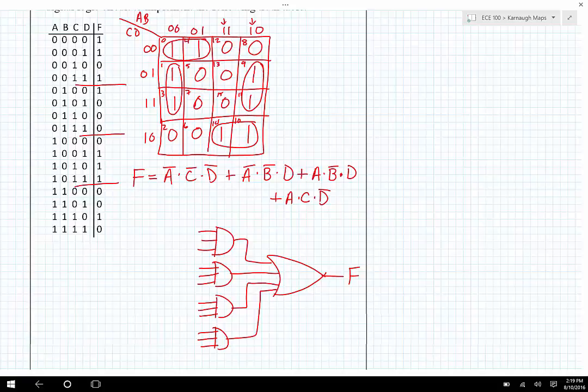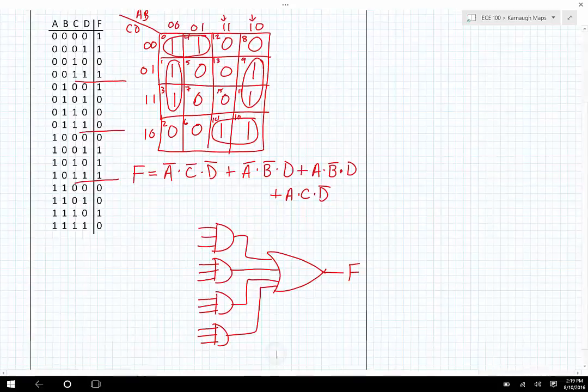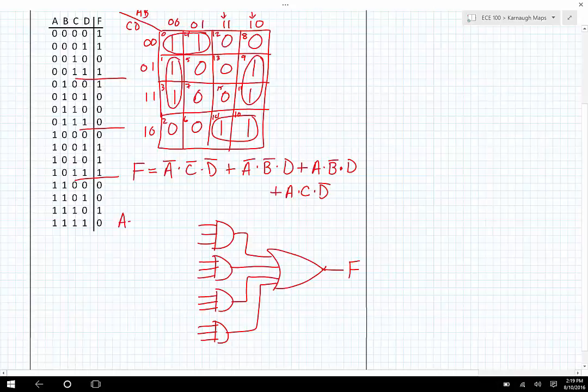I can see that I'm going to need A bar and A, so I'll have A here, and then I'll send it into an inverter to get A bar. And then I can see that I'm going to need C. Do I ever need C by itself? Yes, I do. So I'll have C bar, and then I'm going to have D bar. This is going to get pretty messy.